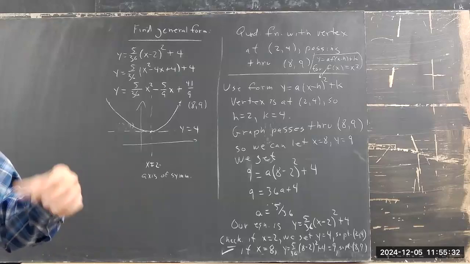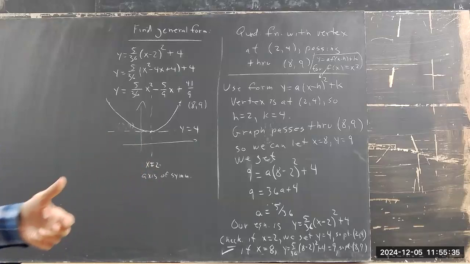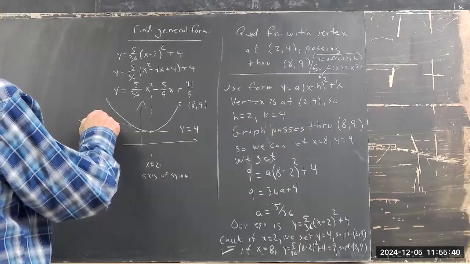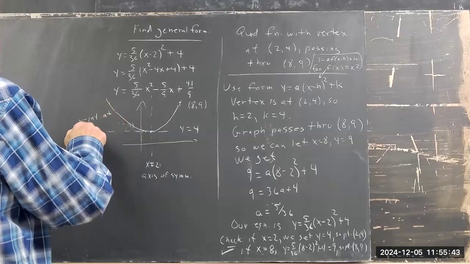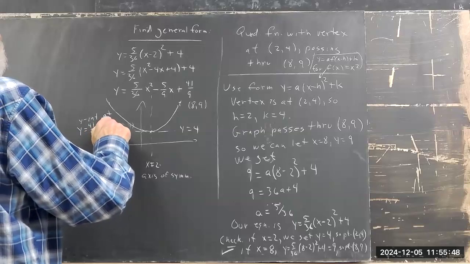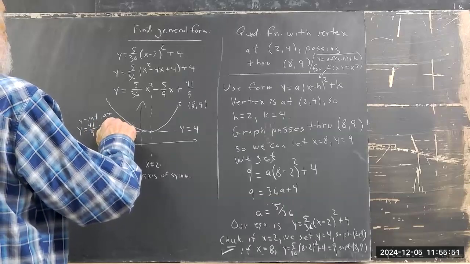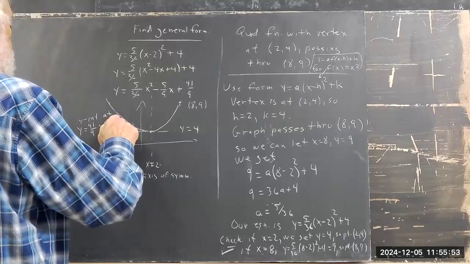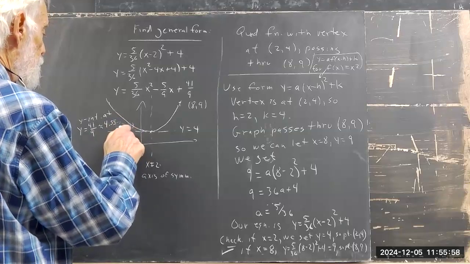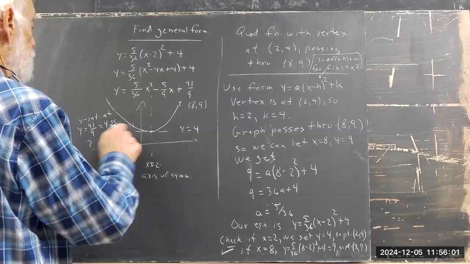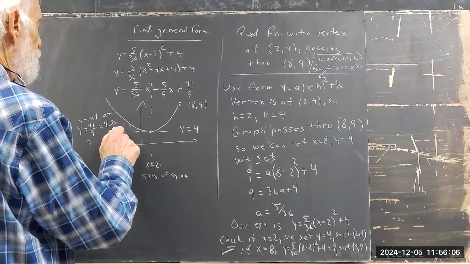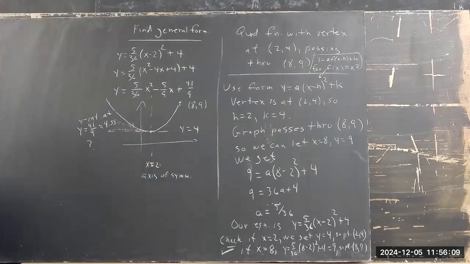That's 4 5/9, a little more than 4.5. It's actually like 4.55. Does that make sense? Well, if this is 4, this is a little bit higher, right? That makes perfectly good sense.